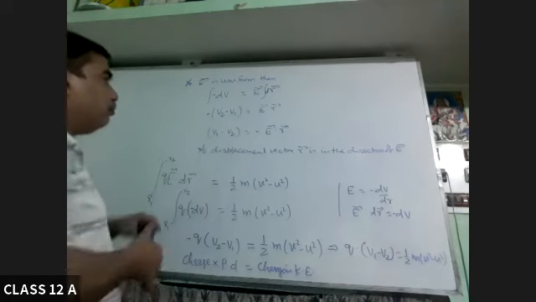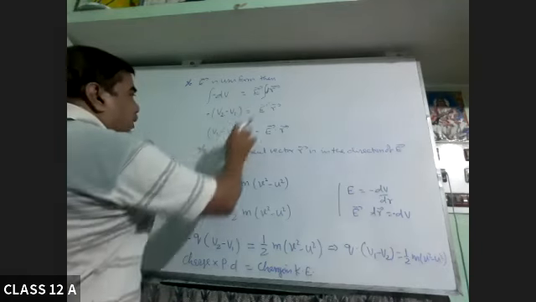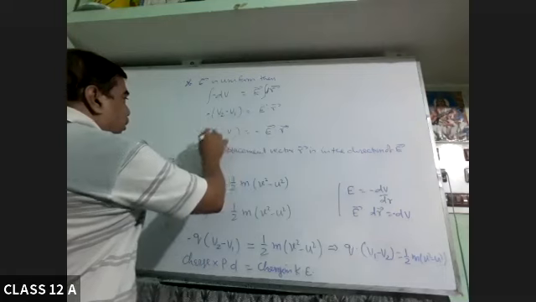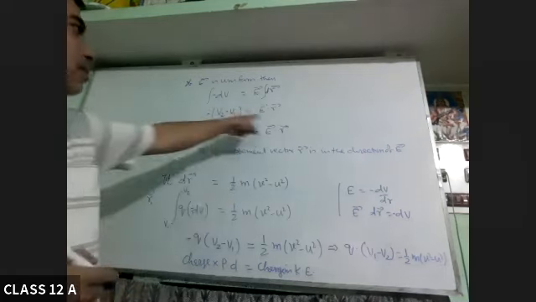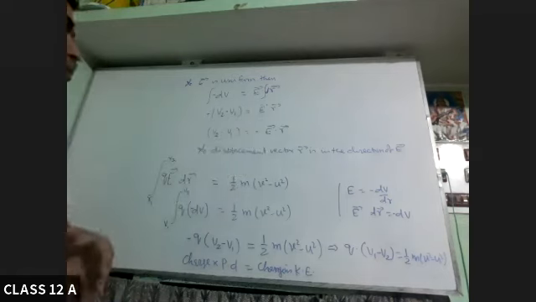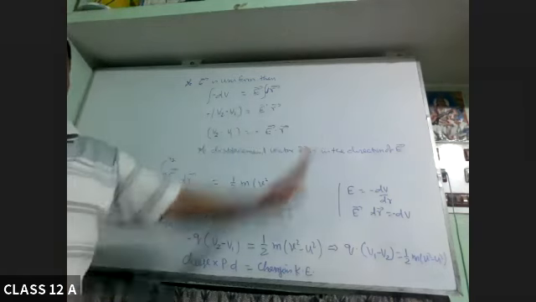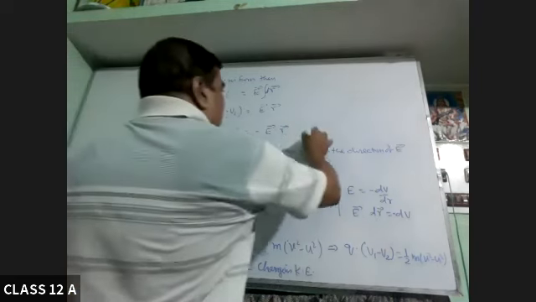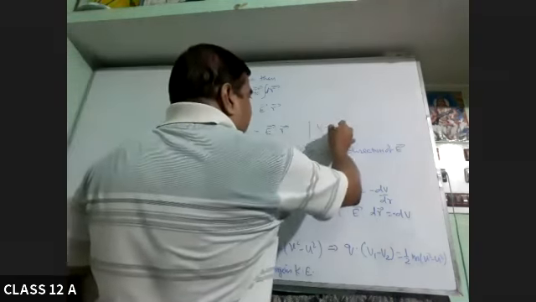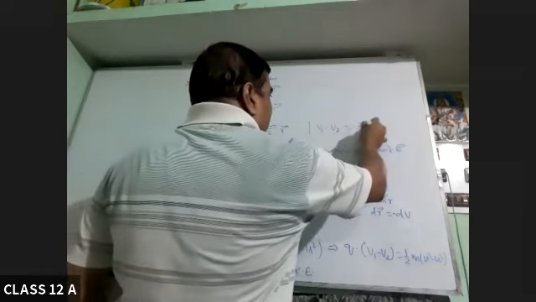There will be V2 minus V1 equals minus E into R. So this negative sign we have brought to this side. Otherwise, V1 minus V2 is E into R, that also you can consider. So if you are writing V1 minus V2, then it will become E into R.